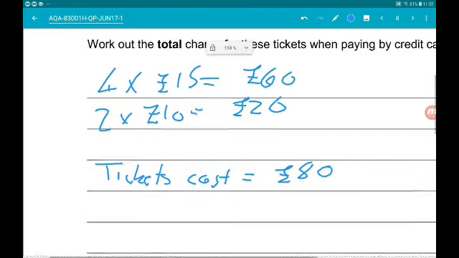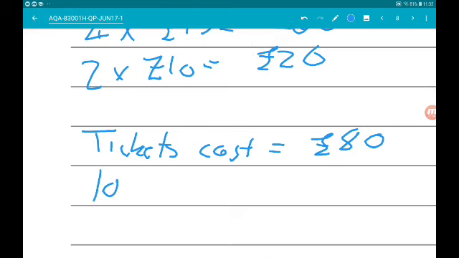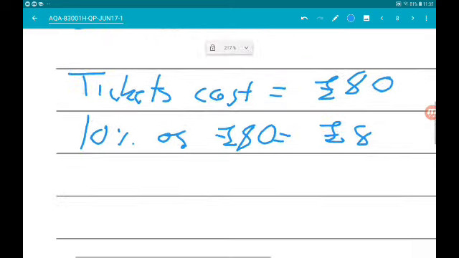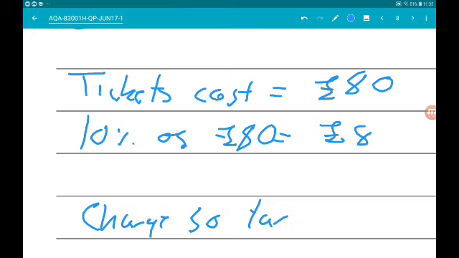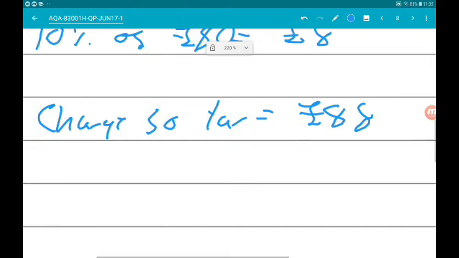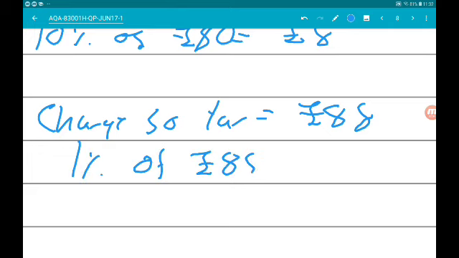Now, we need to find 10% of 80, which is £8. So at the moment, the charge so far is £88. Now we need to find 3% of that. So 1% of £88, divided by 100, is 0.88 or 88p.